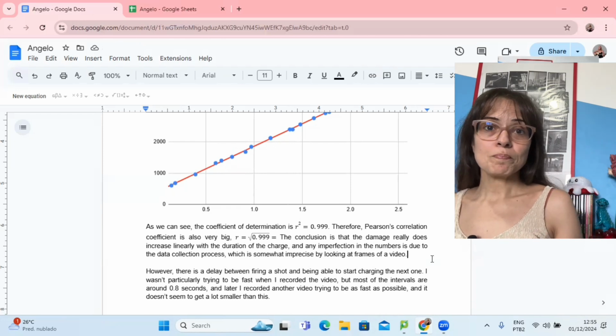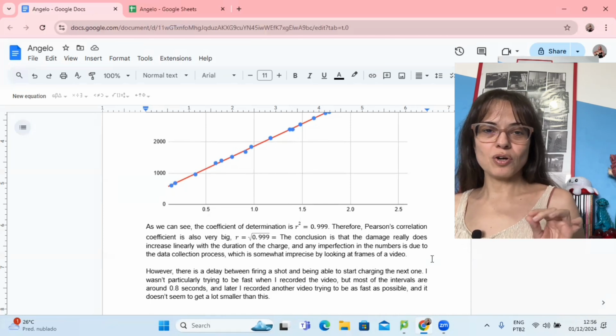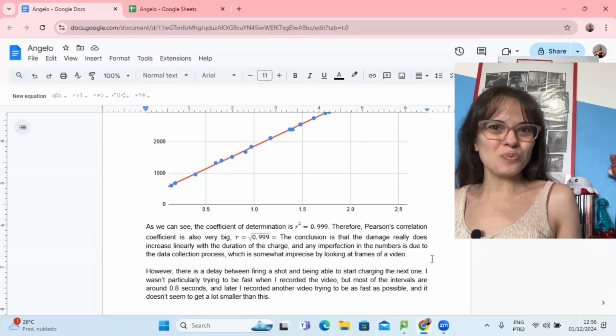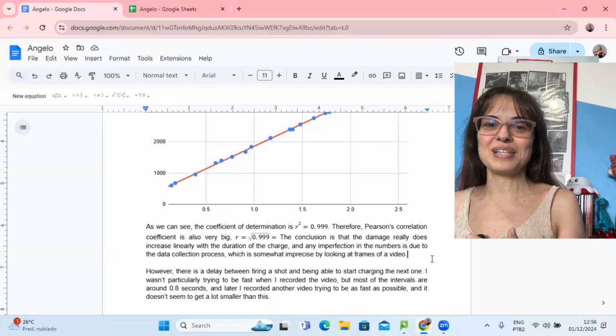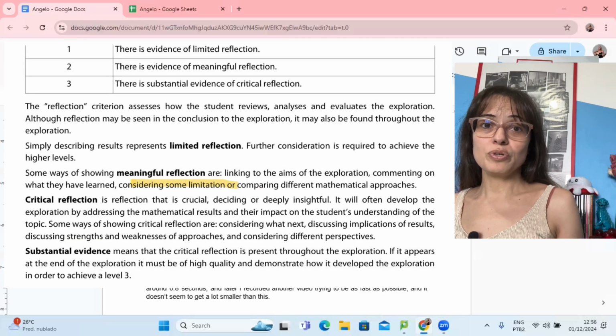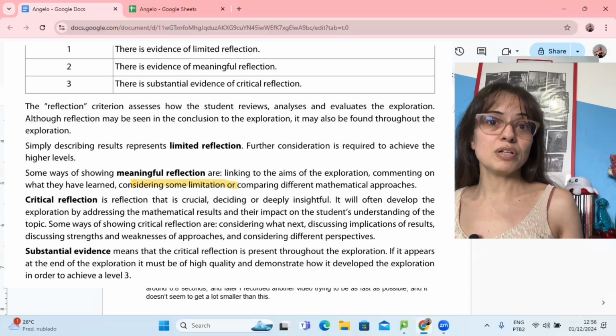And here's the thing, by the way, a lot of people read the rubrics of the Math IA and then try to address everything that is on it, which is a good thing, by the way. You should read the rubric and try to address the things that it says it wants to see. But you should do it in the right way. And there is this part in the rubric where it says that one of the ways of showing reflection is to consider some limitation.